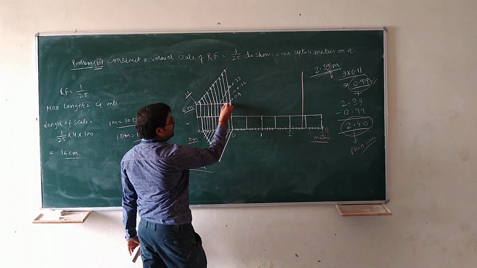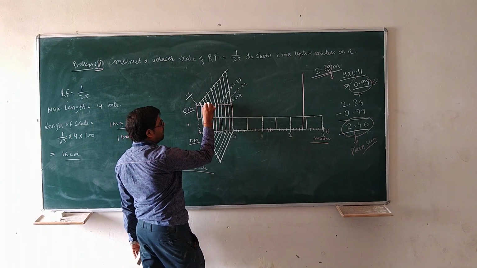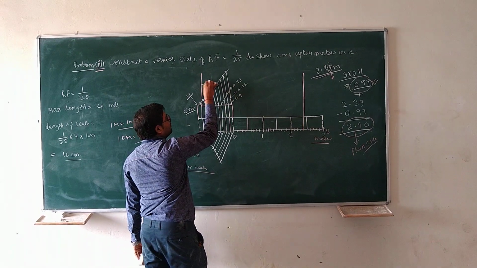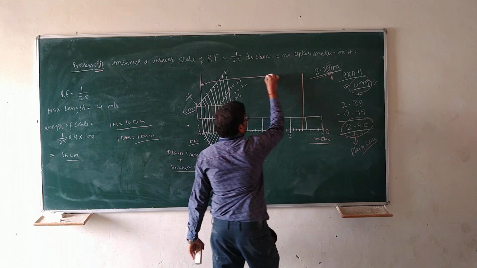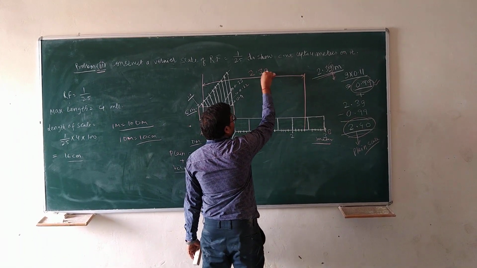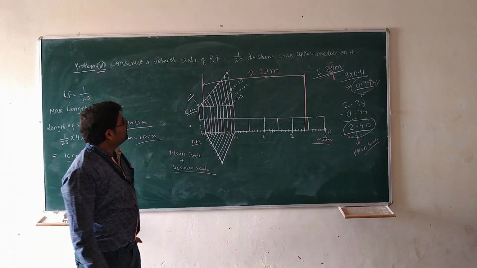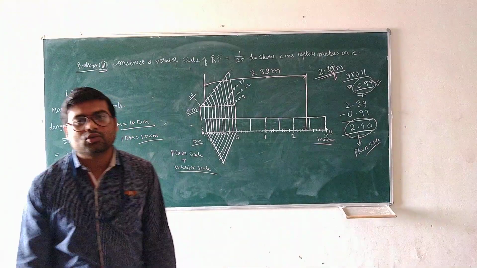So we have 0.11, 0.22, 0.33, 0.44, 0.55, 0.66, 0.77, 0.88 and 0.99. This is our measurement, and this will show the 2.39 meter. This is our plain scale. Thank you very much.